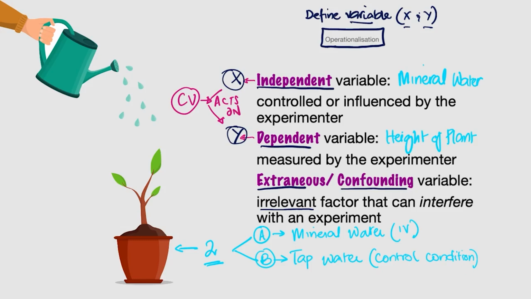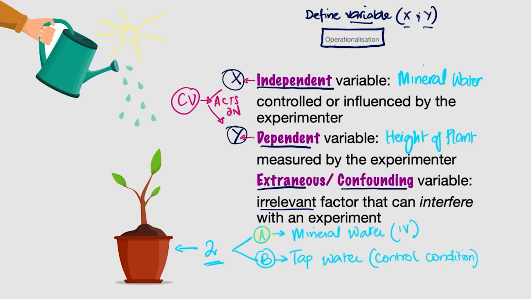Now, both of these plants should be in a place where they get equal amounts of, oops, it's going to make a flower, equal amounts of sunlight. If both plants don't receive equal amounts of sunlight, and if, let's say, plant A receives a lot of sunlight, right?